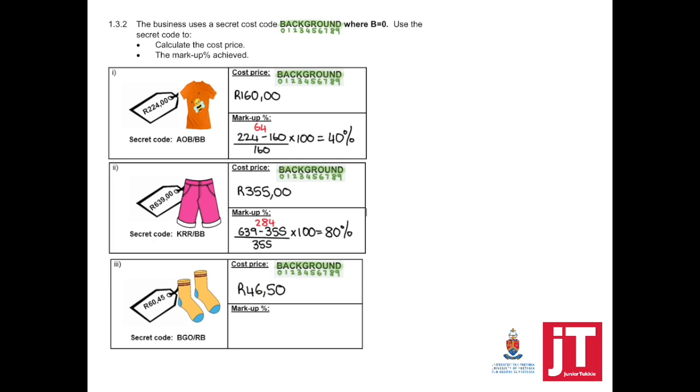This means that the cost is 46 Rand and 50 cents. To work out the markup percentage achieved, selling price minus cost divided by cost times 100. That equals the markup percentage achieved.